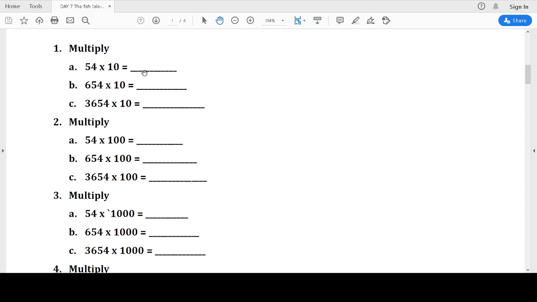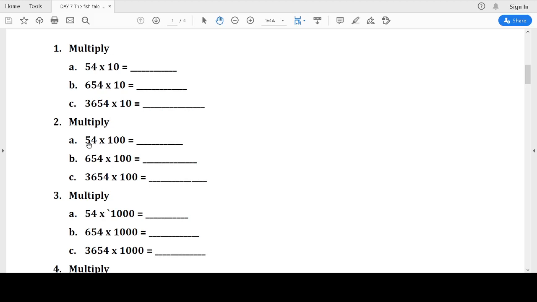So this becomes 540. 654 into 10 becomes 6540. 3654 into 10 becomes 36,540.